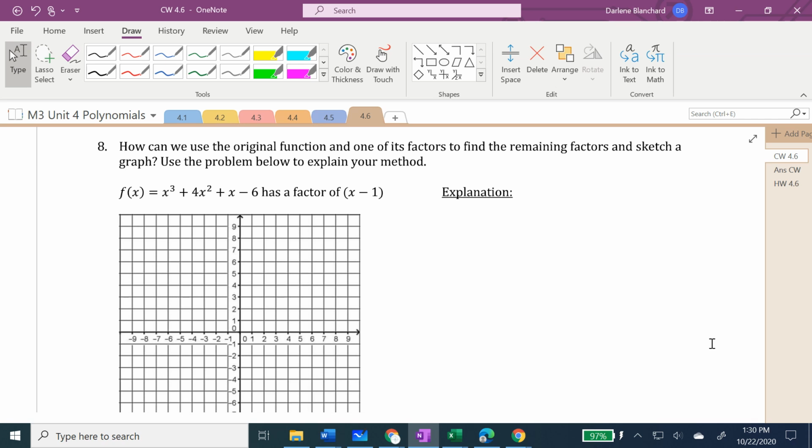You are now going to be asked to graph a third degree polynomial after being told what one of its linear factors is. So what that means is you are going to begin with division. I'm dividing by x minus 1.